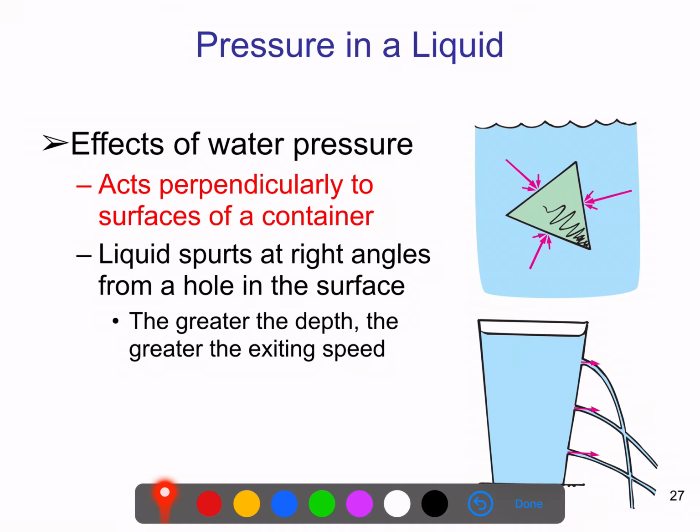You can fill a paper cup with water, and you can puncture it at different heights, and you will see that the more pressure that occurs here lower down in the container will cause the water to shoot out at greater speed because it's under more pressure than the hole where this hole is, where it's near the top.